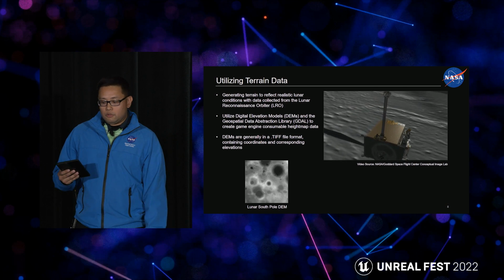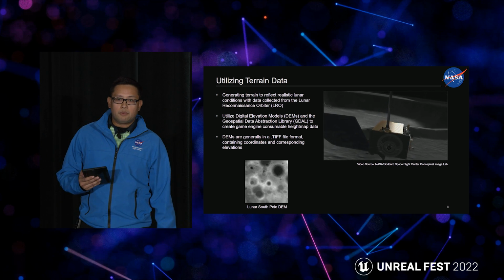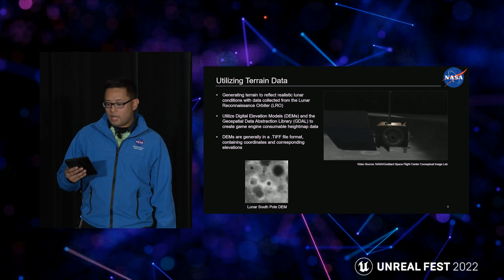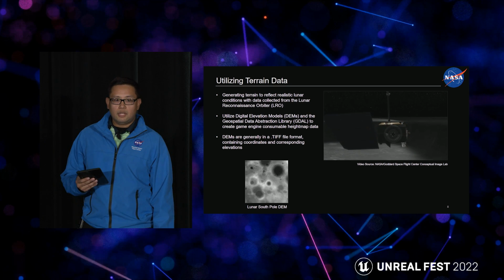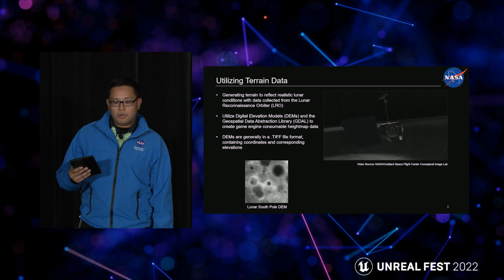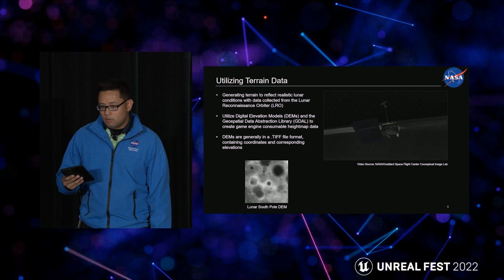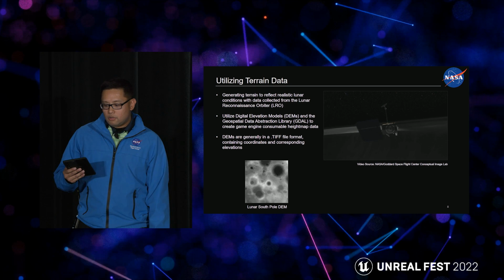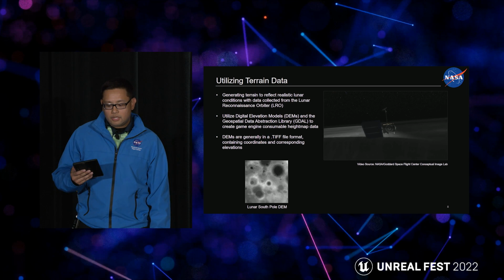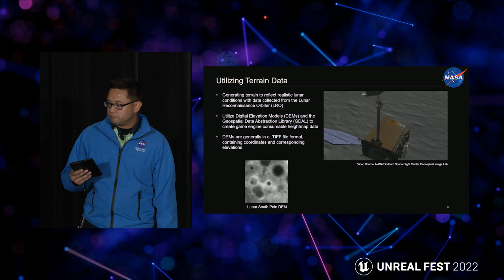So to generate our lunar terrain in Unreal, we need data. The data we use is provided by the Lunar Reconnaissance Orbiter, or LRO, which is a scientific robotic mission which was launched in 2009 with a mission to map out the lunar surface. One of the primary instruments on the LRO is the Lunar Orbiter Laser Altimeter, or LOLA, which provides precise global lunar topography and geodetic grid that is then used to generate the digital elevation models, or DEM files, that we can then use.